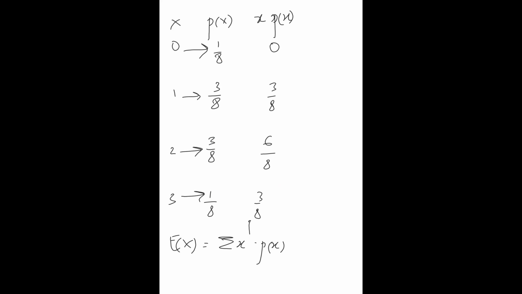So the total of this will be 6 plus 6, 12 by 8. That is the total. 12 upon 8, 3 by 2, which is 1.5, right? Okay. So that was question number 12.